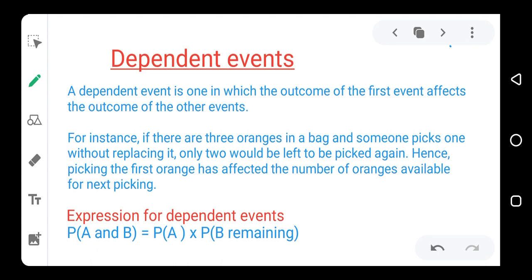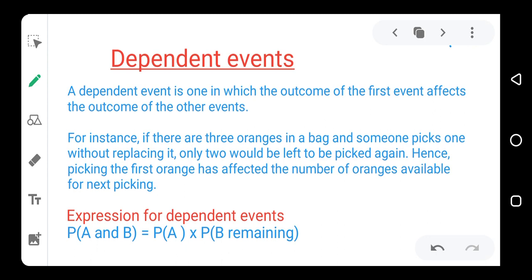We are considering only 2 events here. Now, the probability of A and B, that means the probability of the first event and second event, or result of first event and result of second event, is equal to the probability of the first event times the probability of what is remaining after the first event. That is the probability of B remaining.